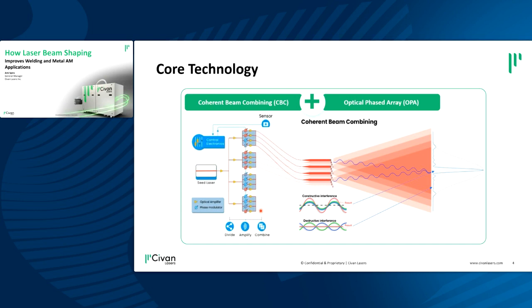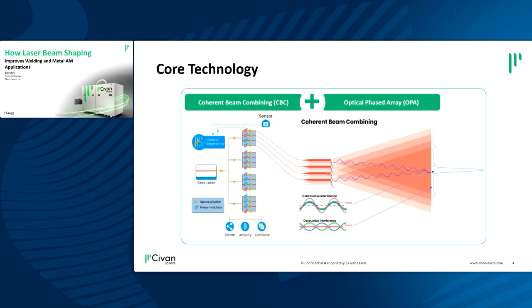Each channel has a fiber amplifier and an electro-optical phase modulator, which allows us to control the relative phase of the specific channel. We then take the fibers that come out of all these channels and make an array out of them.